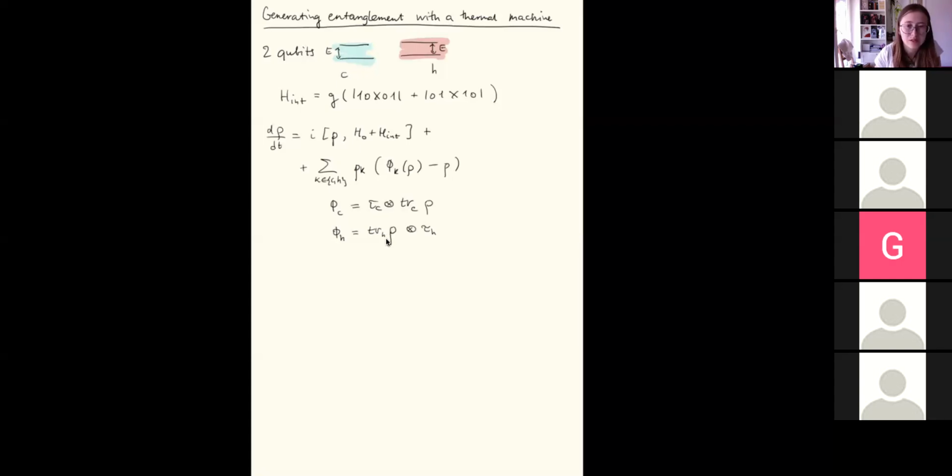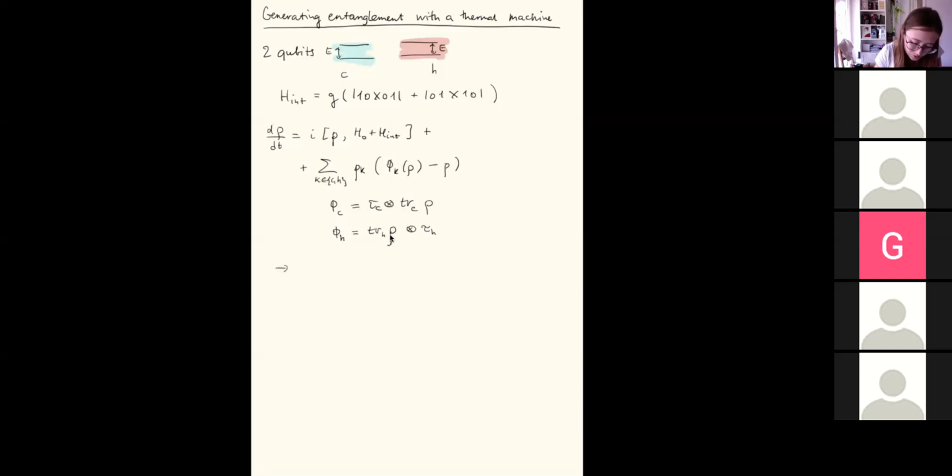Okay. So this is our equation, which describes the process that I just described in words. Again, with some probability, p_C for the cold bath and p_H for the hot bath, the qubit is coupled to the bath and its state is thermal, but this probability is not necessarily 1 at each time step.